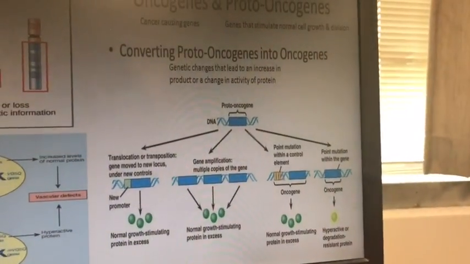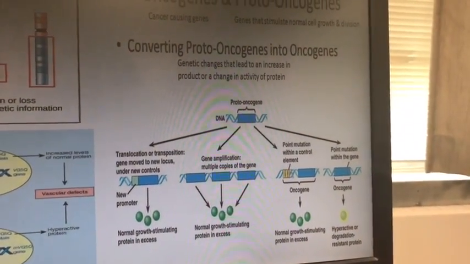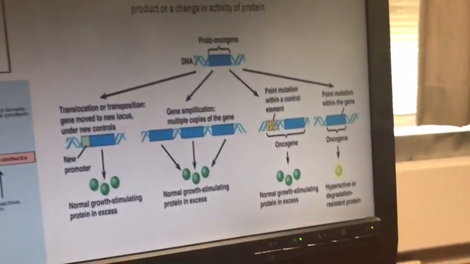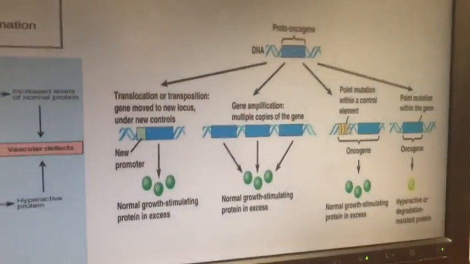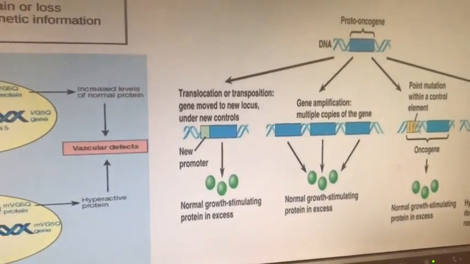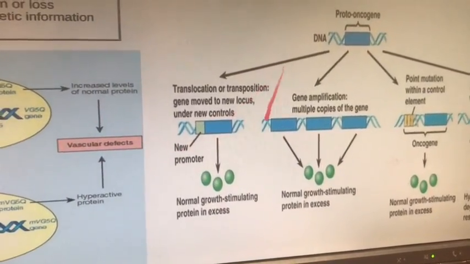Now, in regards to our example of converting proto-oncogenes into oncogenes, we see that the movement of a proto-oncogene within the genome can cause it to be changed into an oncogene.